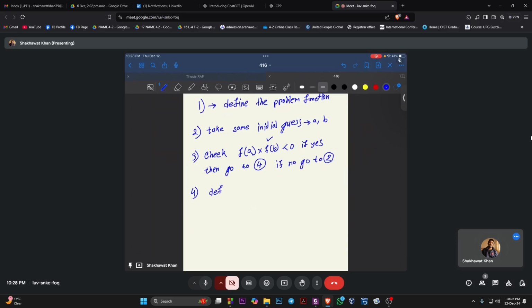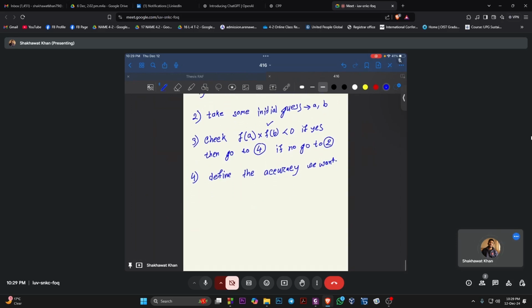Define the accuracy we want. Then, as our f of a and f of b, for this problem this is a and b, obviously the bisection method works in this situation.